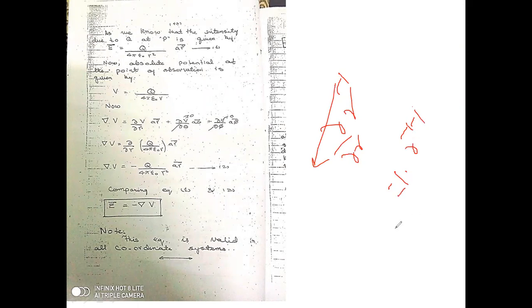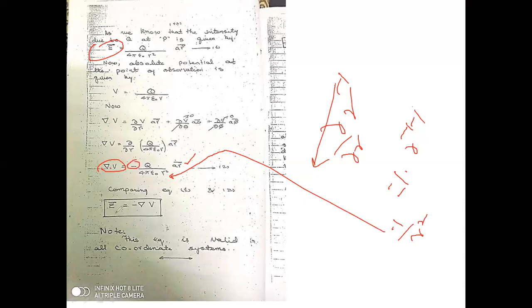So we will get minus 1 over r square. So here we get minus Q divided by 4 pi epsilon naught r square in the direction of a r. As we can see, the only difference between E and the gradient of V is the minus sign.